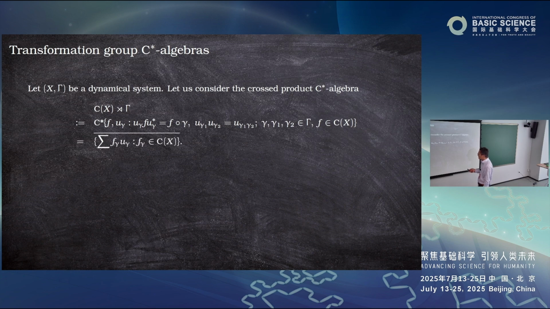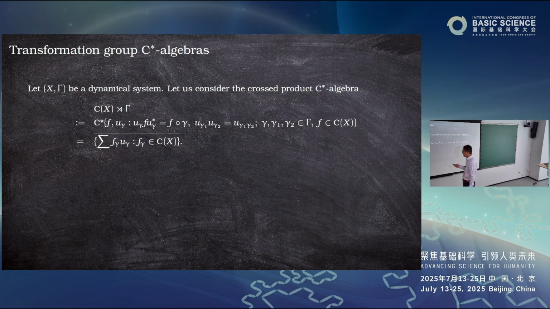And you can really think of the general element of this algebra as the functions or the polynomials over the group with coefficients in C of X. You look at all of the polynomials, and how you multiply those polynomials should satisfy this relation.